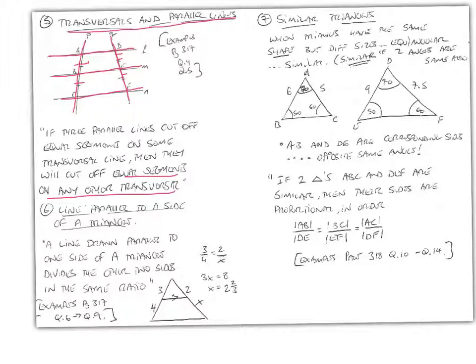So what this theorem is saying essentially is, if this transversal cuts through the three parallel lines and creates a segment here equal to this segment here, then if I was to put another transversal through the three lines, Z, that would make this segment, whatever it is, equal to this segment here.